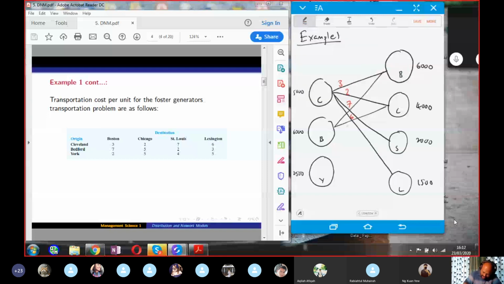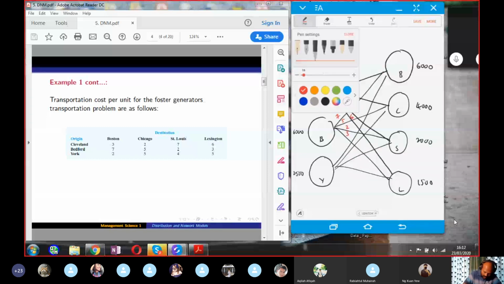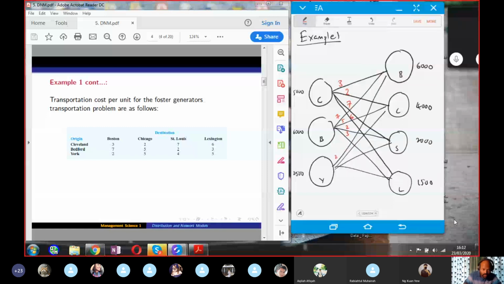Bedford can send to all 4 customers, and York can send to all 4 customers. You just need to write the costs. Bedford is 7, 5, 2, 3. York is 2, 5, 4, 5. Hope you guys understand.